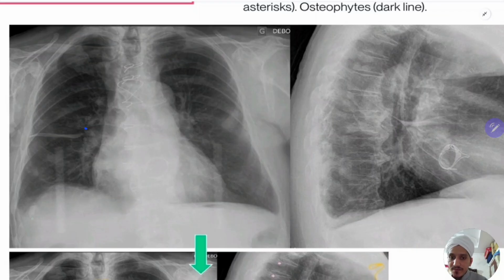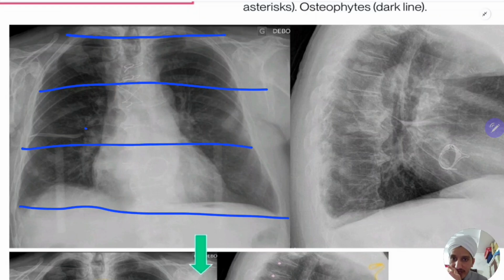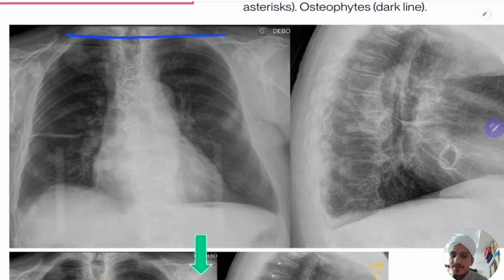Now separate into zones and compare the zones, and look at the hila. The important thing is this horizontal fissure, which is prominent because of collection of fluid in the horizontal fissure.